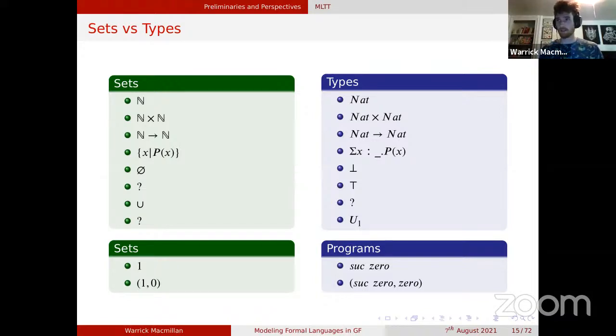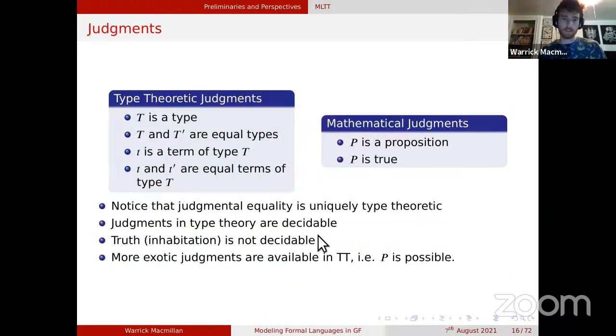But in some ways that's how I think about it, even if it's not mathematically correct. And then there are also the natural numbers, which are defined as sets in classical set theory, whereas they're just programs in type theory.